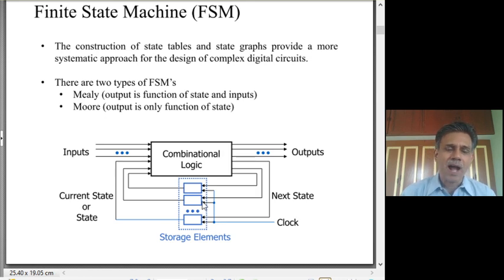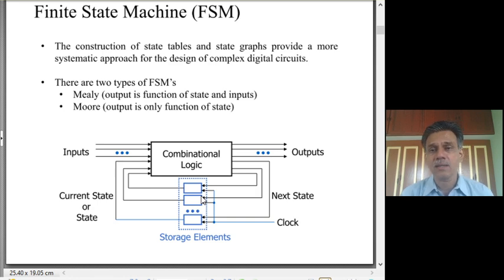At any given time we distinguish two kinds of states. One is the current state, which the FSM is storing at that time, and the other is the next state to which the finite state machine will go once a clock pulse comes.